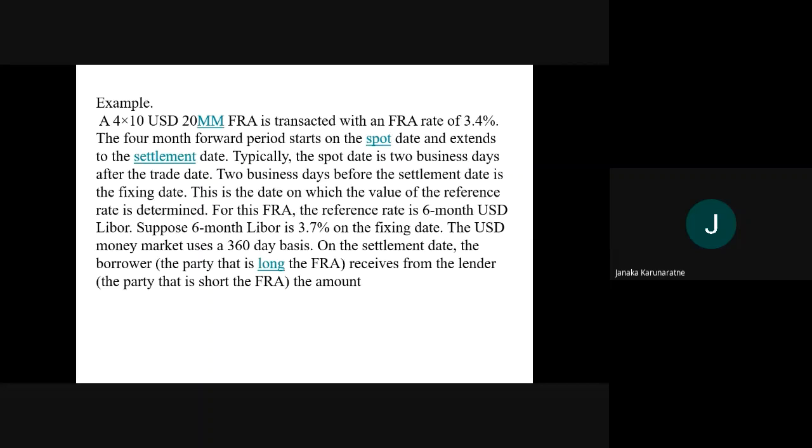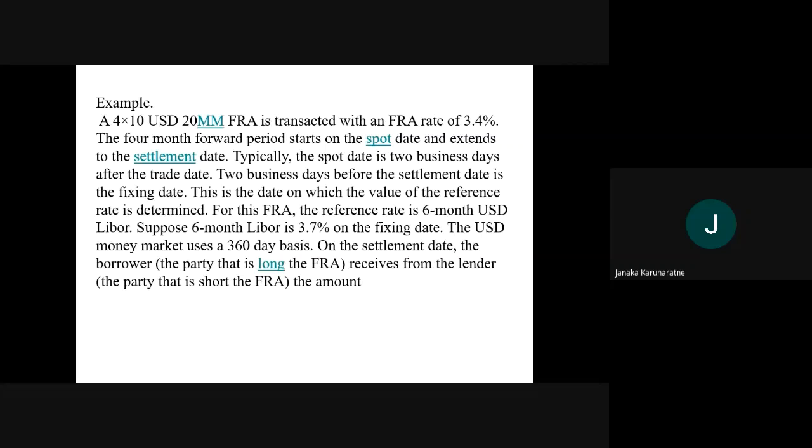So suppose 6 months LIBOR is 3.7 on the fixing date. The US dollar money market uses a 360-day basis. On the settlement date, the borrower, the party that is long on the FRA, receives from the lender, the party that is short on the FRA, the amount.